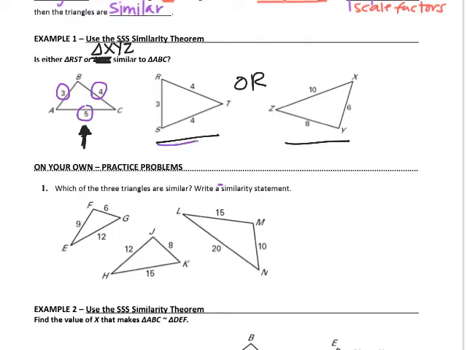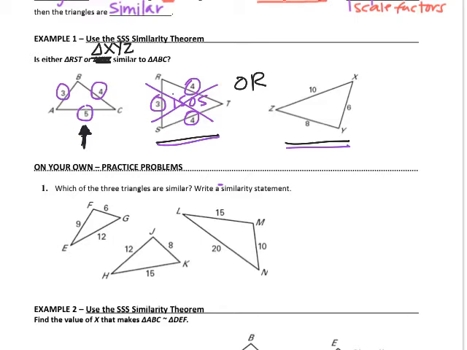So if I look at triangle RST, I see a 3, a 4, and a 4. Well, the first triangle is not isosceles, and this triangle is isosceles, so pretty much we know that this one cannot be the one that it's similar to, since there are not two lengths in our ABC triangle that have the same measure. So just by default, it looks like I'm going to have to say that it's XYZ, but let's go ahead and prove why.